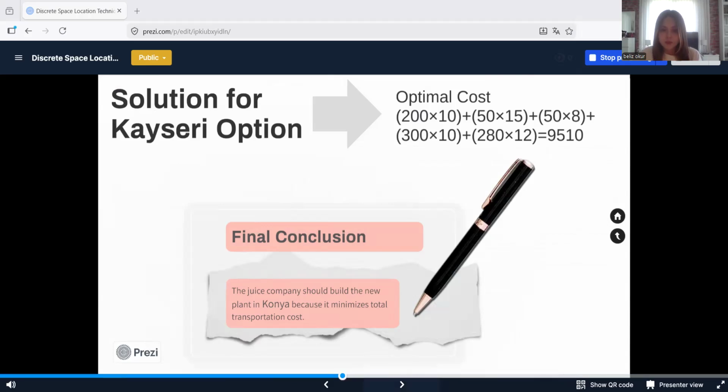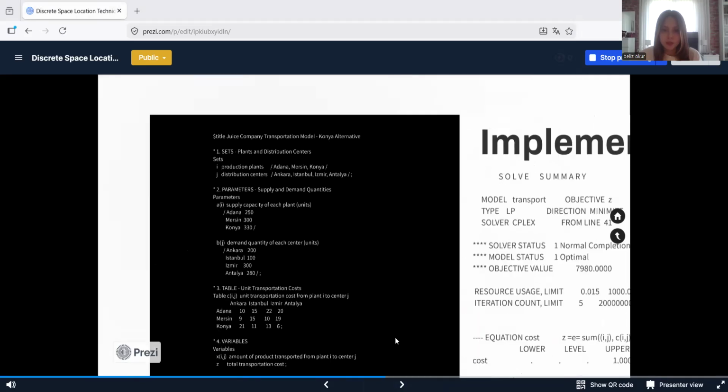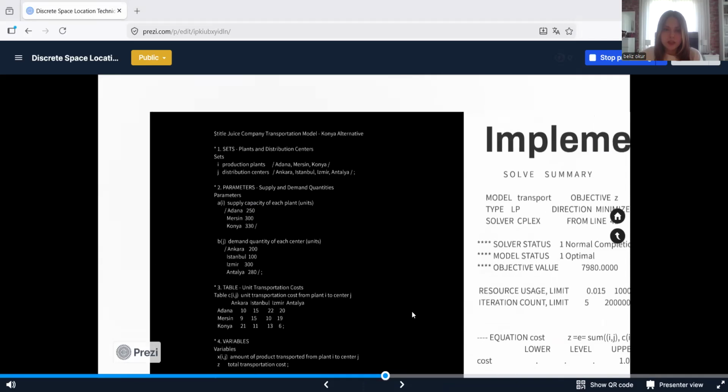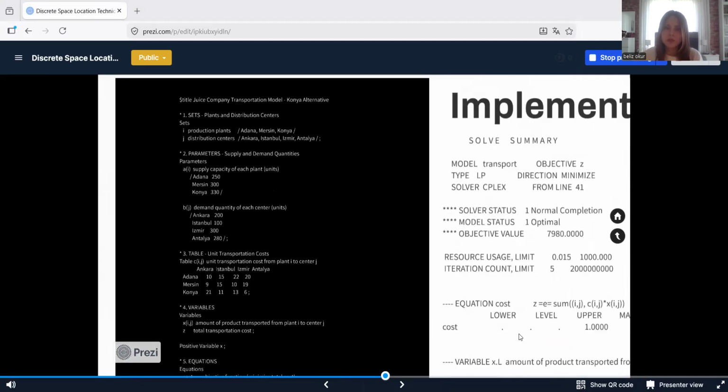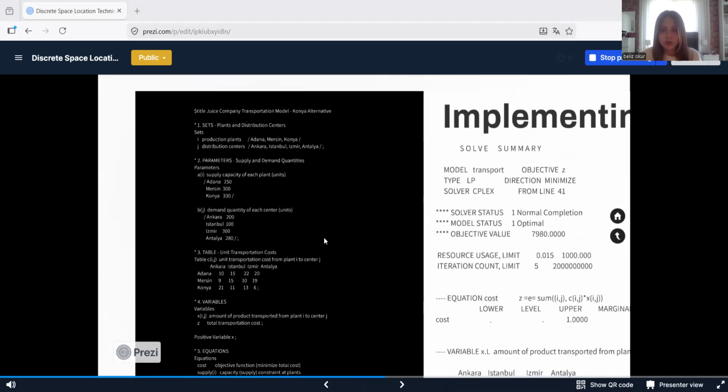And this is the implementation of the GAMS model. As industrial engineers, we are not doing this massive MODI calculation by hand on a whiteboard. We use software. Here is how you implement this exact transportation model in GAMS, General Algebraic Modeling System, on the left.